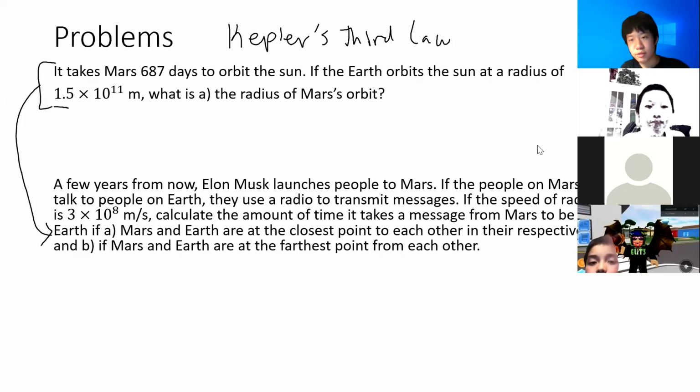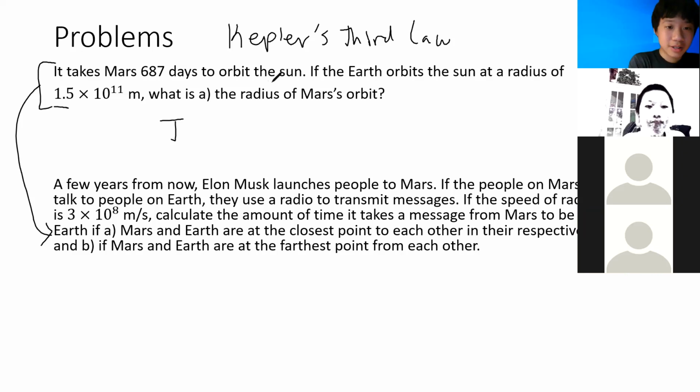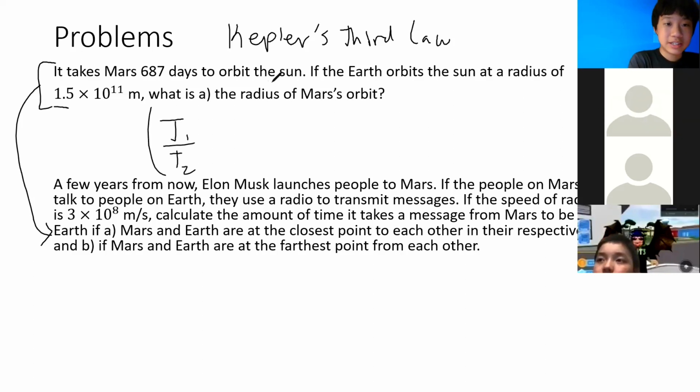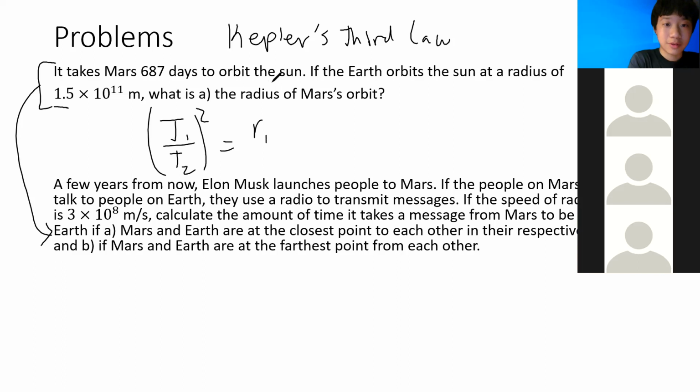All right, I'm going to go through these problems now. For the first one, we're given the time it takes Mars to orbit the sun, which is basically the period of its orbit. And then we're given the Earth's radius of orbit. So using Kepler's third law, (T1 over T2) squared is equal to (R1 over R2) cubed.